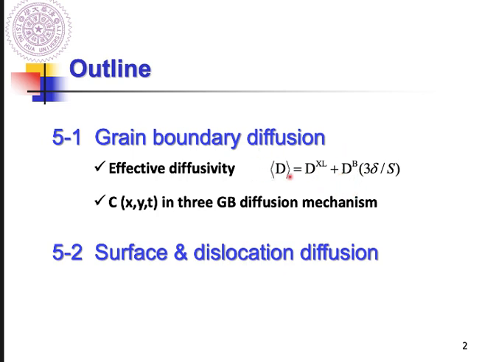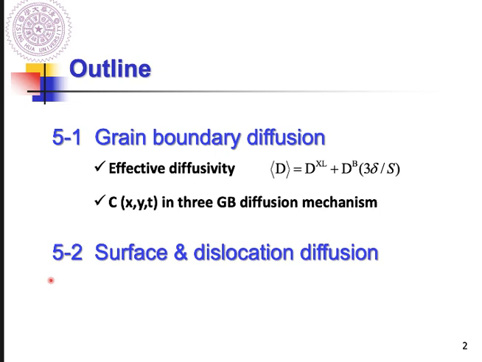And so the effective diffusibility is related to the different diffusion paths, how many diffusion paths you have in these materials, and also the volume fraction of the grain and the grain boundary. And next, we are going to introduce three different grain boundary diffusion mechanisms.